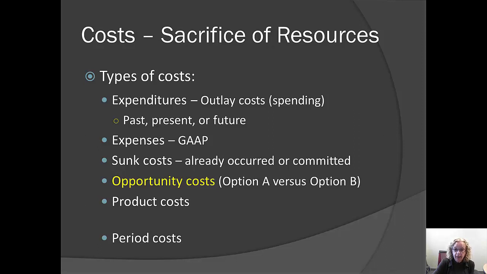If I choose option A, that means I can't choose option B. And therefore, the cost of choosing A is whatever I give up in option B. By contrast, if I choose option B, that means I can't do option A, and therefore option A becomes my opportunity cost. There's a lot of confusion in the business world about sunk costs and opportunity costs.